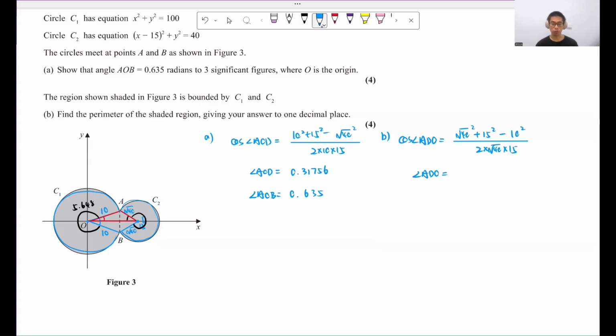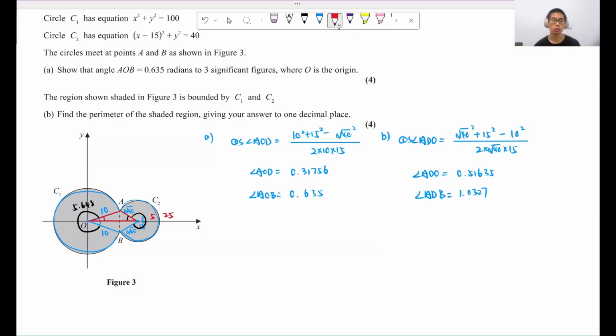So root 40 squared is 40, plus 15 squared, minus 10 squared, over 2 times root 40 times 15, which is equal to 0.51635. So angle ADB is equal to double of that, so times by 2, that would be 1.0327. And then this bigger angle for the smaller circle would be 2 pi minus that.